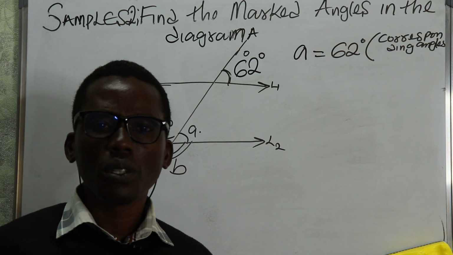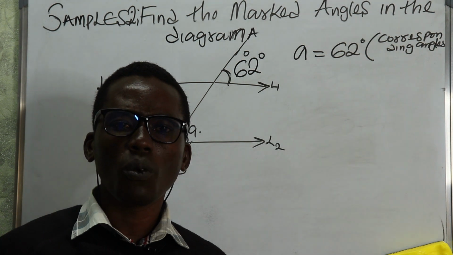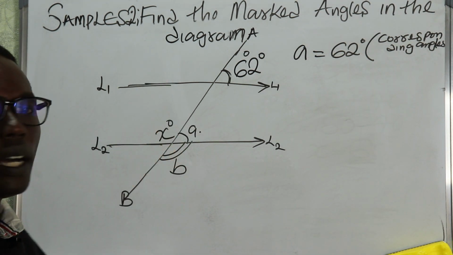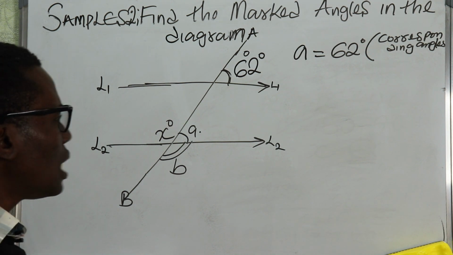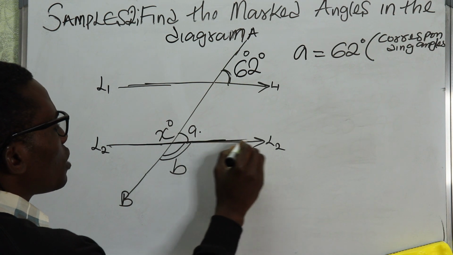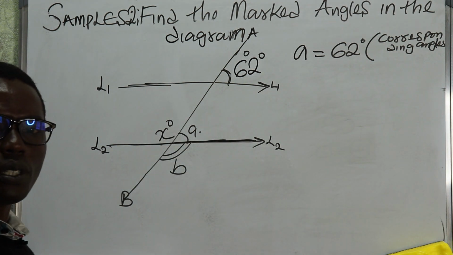That is the term you can use to realize angles that are corresponding angles. Now, having gotten that, the next thing we want to consider is to find angle B and x. Now consider angle x and A. You come to see that they are both on the straight line.